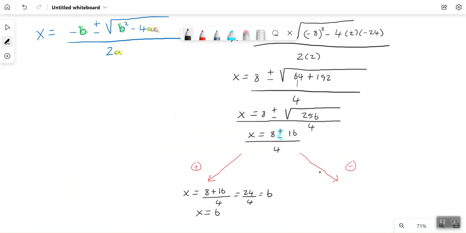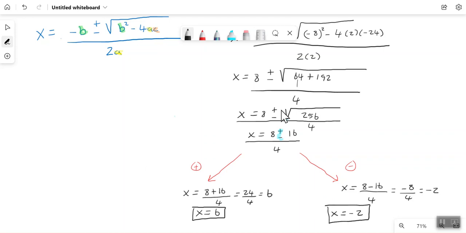And then if we take the second one, x is equal to 8 minus 16 divided by 4. That's minus 8 divided by 4, which is equal to minus 2. Therefore x is equal to minus 2. So these are your two answers: x is equal to 6 and x is equal to minus 2.